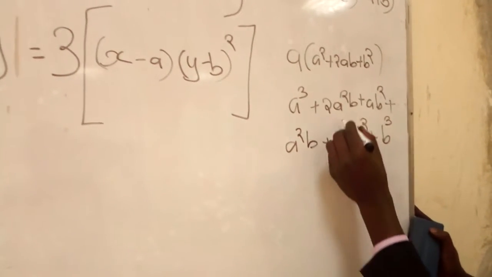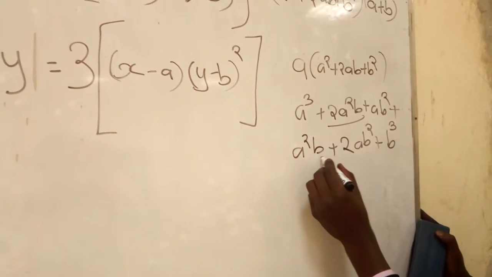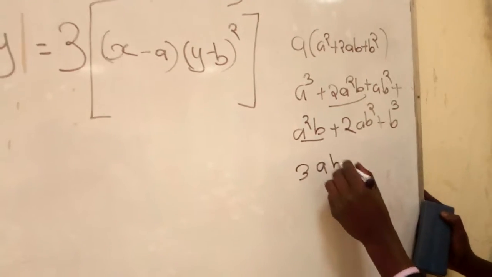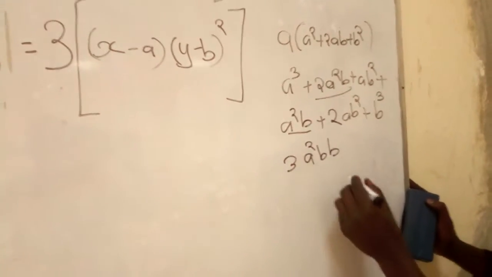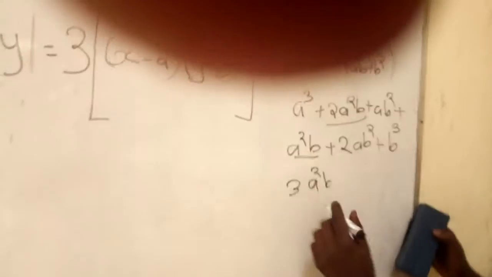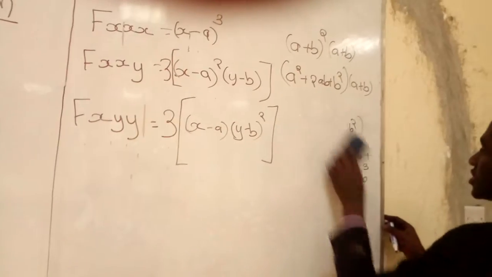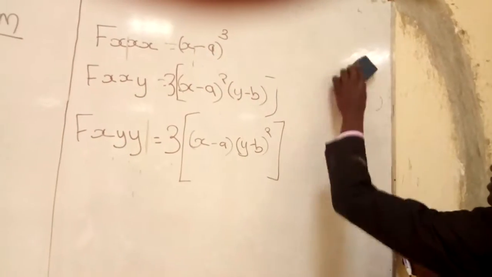So when you have these, you shall have 3a squared b. That is where we find these 3 coming from.